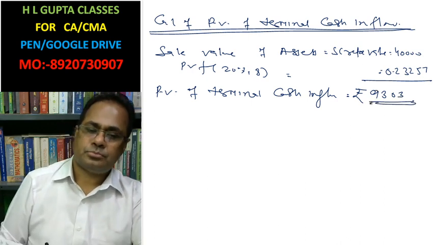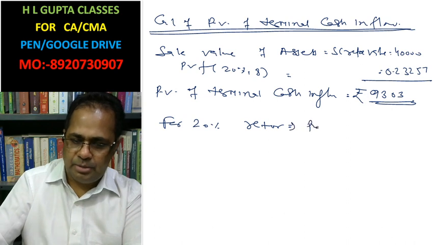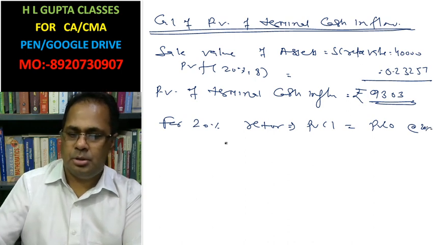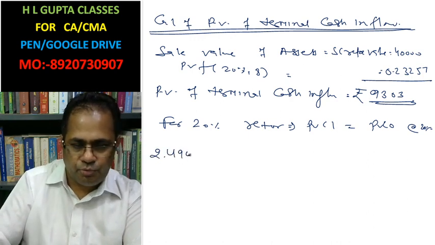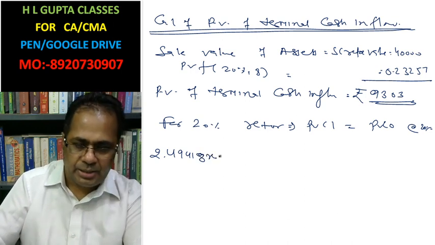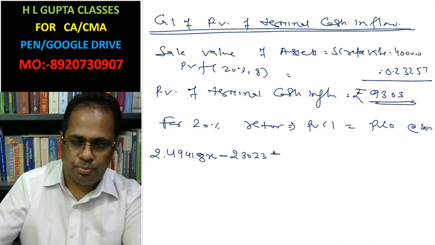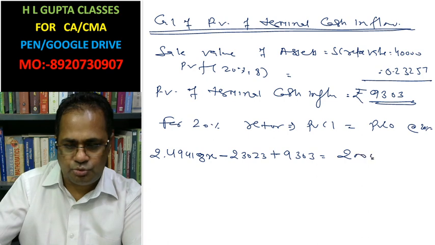Now for 20% return, present value of cash inflow equal to present value of cash outflow at the rate of 20%. And this is your 2.49418x, the operating lease rent, minus 23023 plus 9303 present value of terminal inflow, equal to present value of cash outflow, rupees 2 lakh.